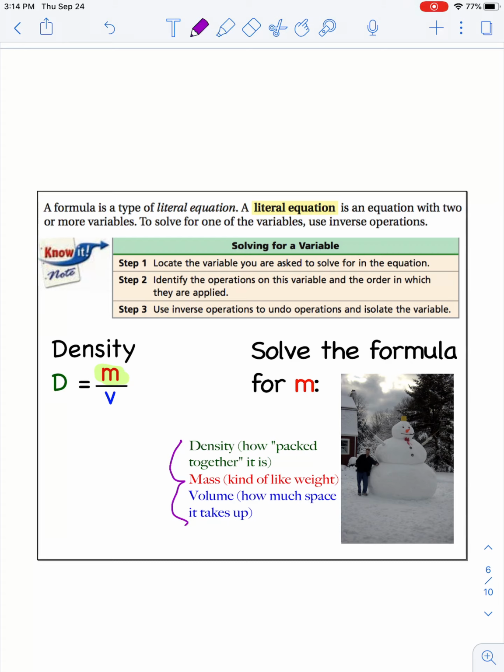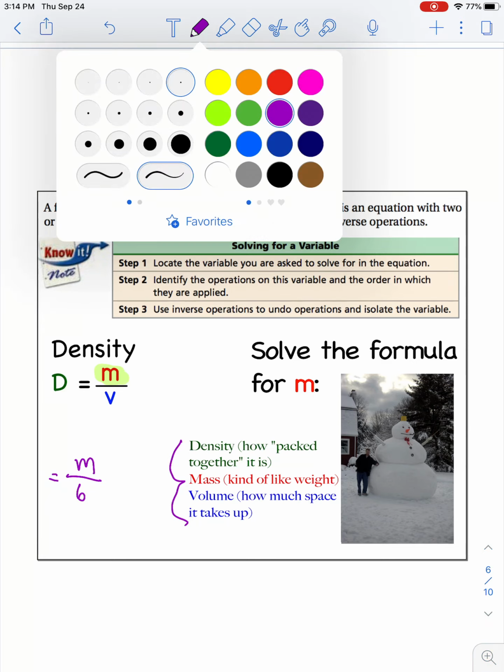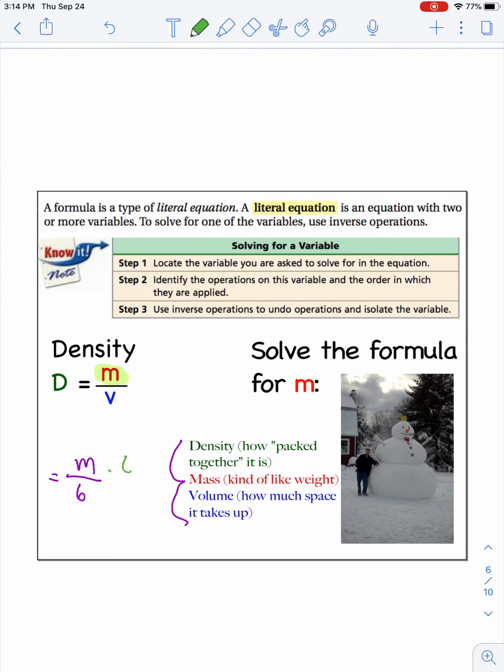So what we have to look at is if this was m divided by 6 equals something, how would we undo dividing by 6 to get m by itself? Well, what we would do is we'd multiply each side by 6. So that's what we're going to do here. We are not going to multiply by 6, but since we divided by v, we're going to do the opposite.